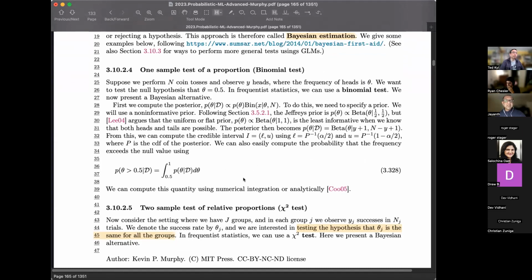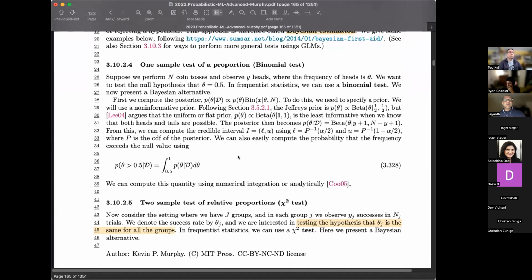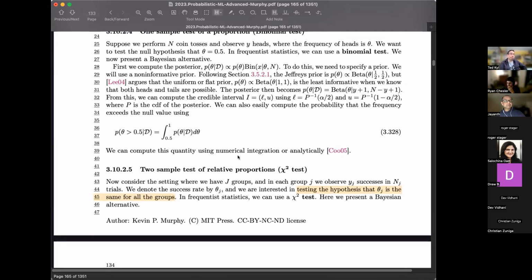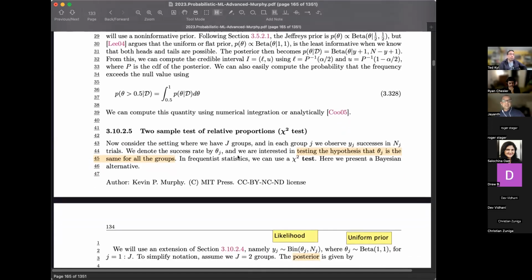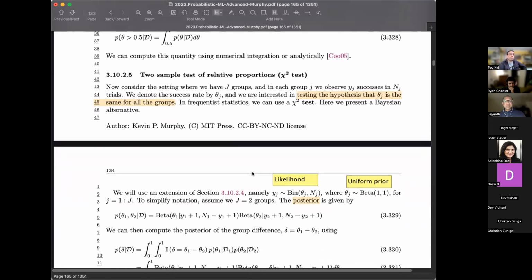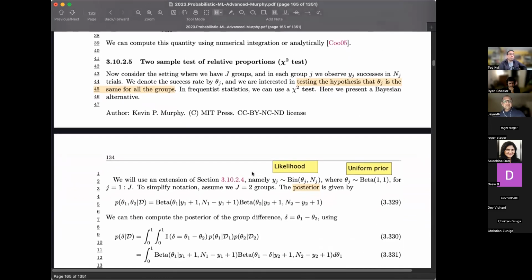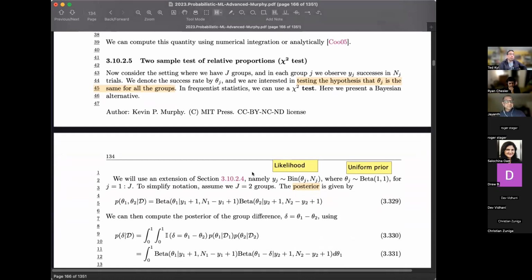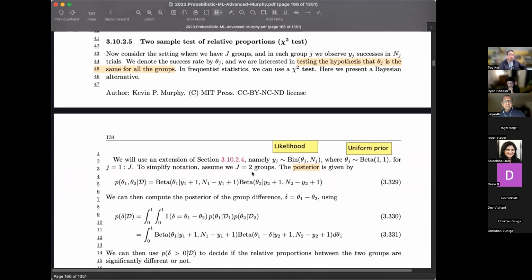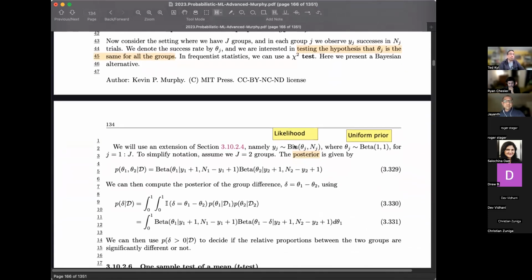And I don't think I followed this, the binomial test. A two-sample test is the chi-square test. We draw from a binomial of theta j.